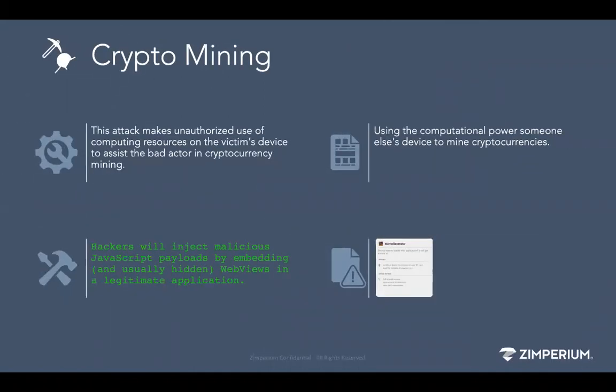And then crypto mining. This attack makes unauthorized use of computing resources on the victim's device. Similar to DDoS, you can use all these devices to mine cryptocurrencies, and you need computational power. So again, this is similar to the ad fraud. What they'll do is they know where you are, right?